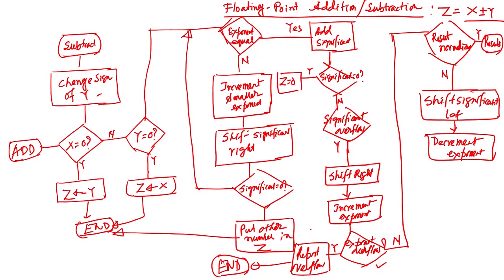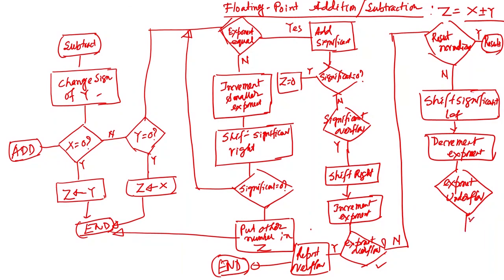Now you are decrementing, so there is a chance that the exponent might underflow. If the exponent underflows, we cannot represent that number.